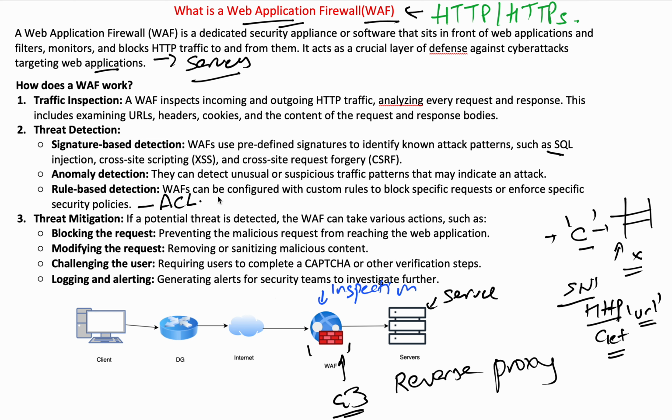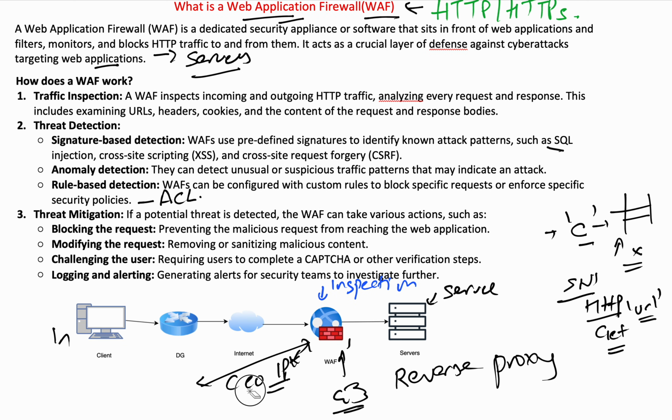In WAF you can deploy multiple ACLs based on IP address. Like this is India, this is China, and I want to block IPs coming from China. In rule-based detection, it's called GeoIP, by the way, you can imply that. So you can deploy that configuration and unwanted packets as per the ACL will be dropped.